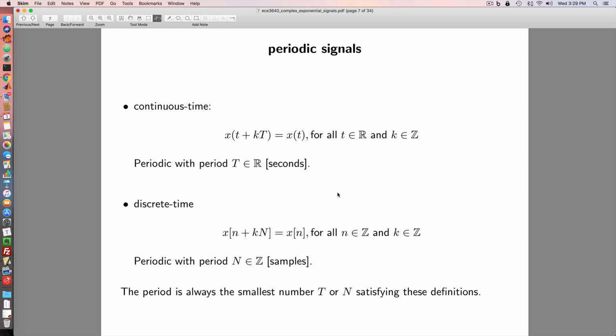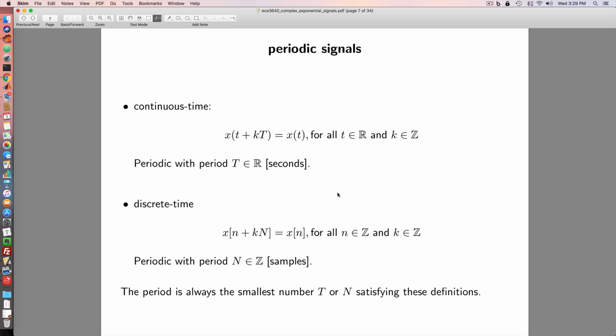But to have a good grasp of digital signal processing or discrete time signal processing, it's important to have a correct understanding of how discrete time complex exponential functions behave, and it's very different than the continuous time case. So what I'd like to do is go through a set of about 6 different properties of continuous time complex exponentials and then contrast those with the same property applied to the discrete time case.